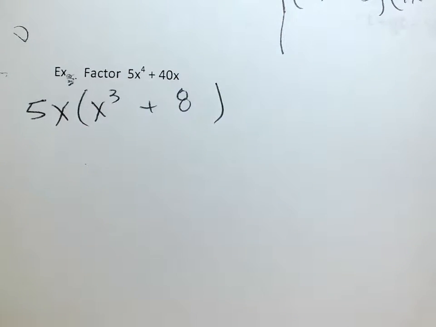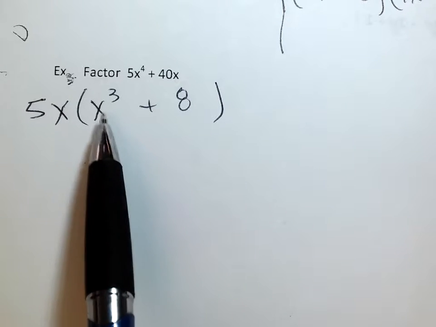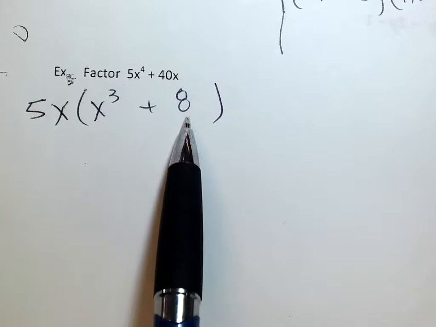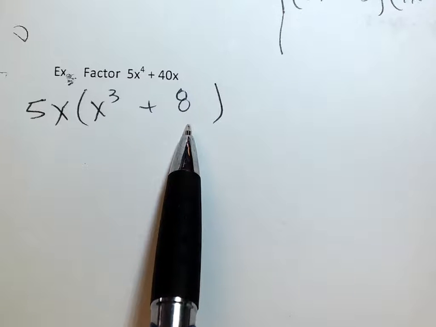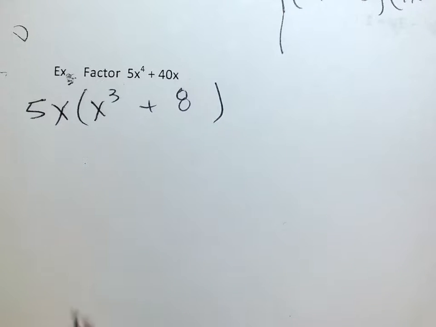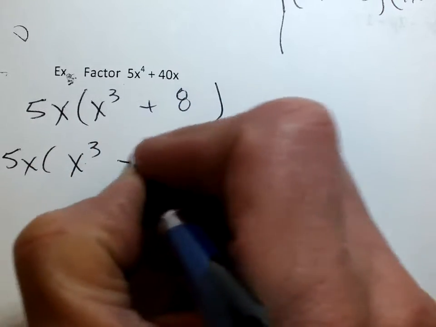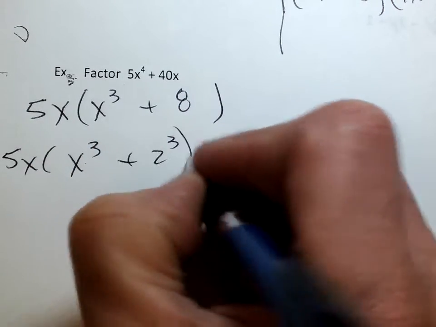Okay, so now, Renee, you with me? What I need is a cube plus a cube. And that is x cubed, right? Plus I need a cube here. What number cubed would make 8? Perfect. So let's rewrite it. Keep 5x there. x cubed plus 2 cubed, right?